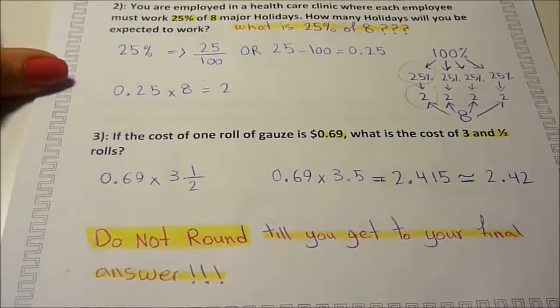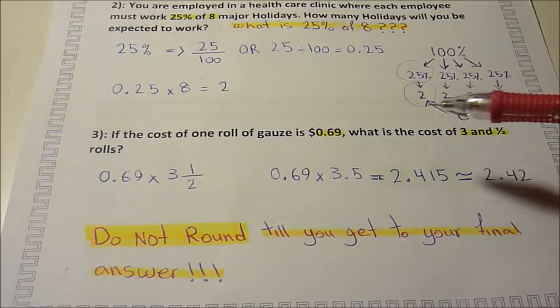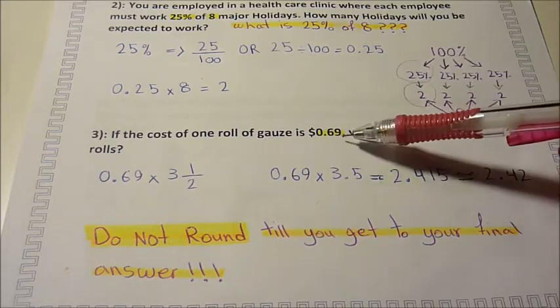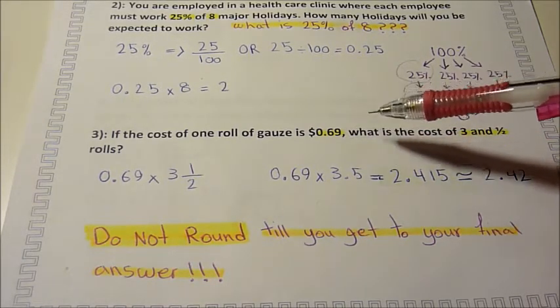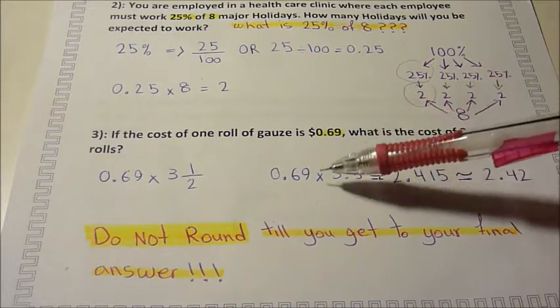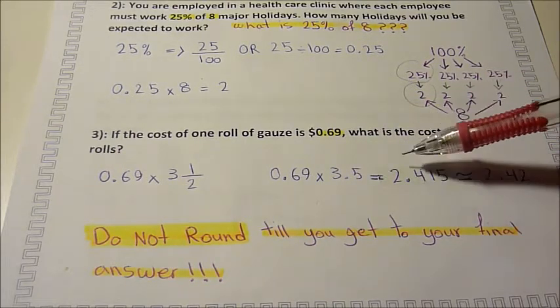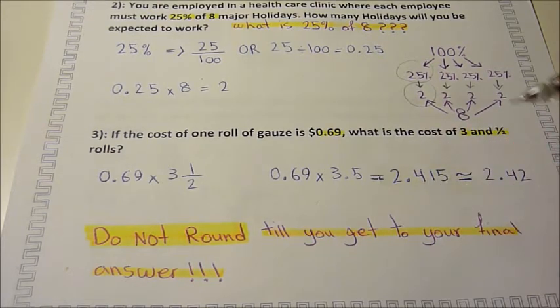Our third question says, if the cost of 1 roll of gauze is 0.69 cents, what is the cost of 3.5 rolls? You have to multiply 0.69, which is the cost of 1, by 3.5. 0.69 multiplied by 3.5 will give you 2.415.